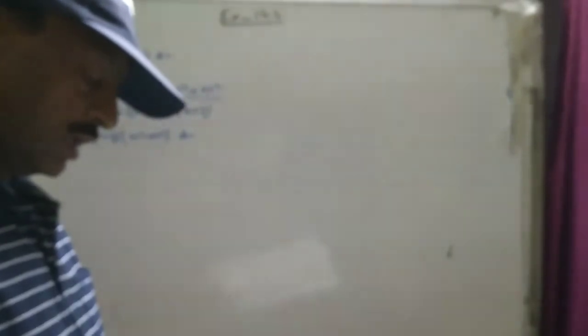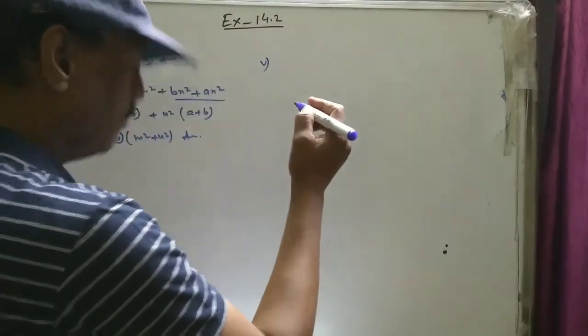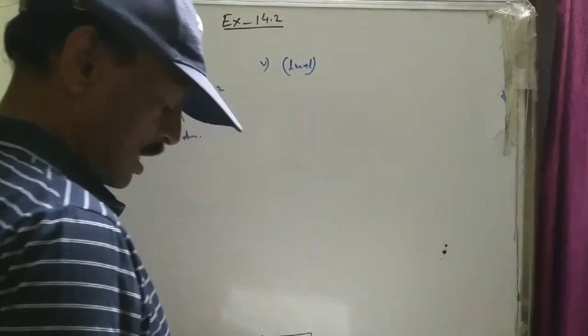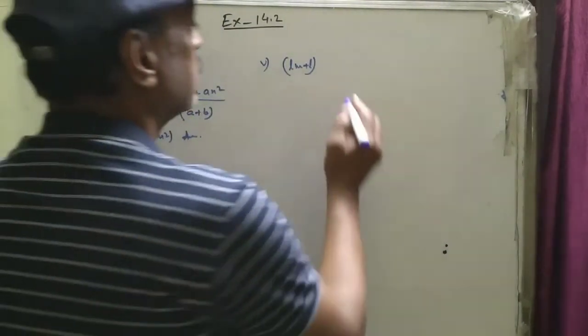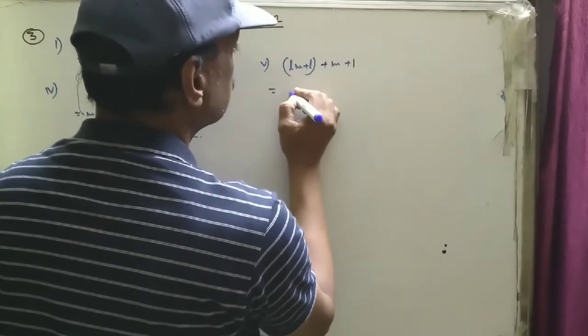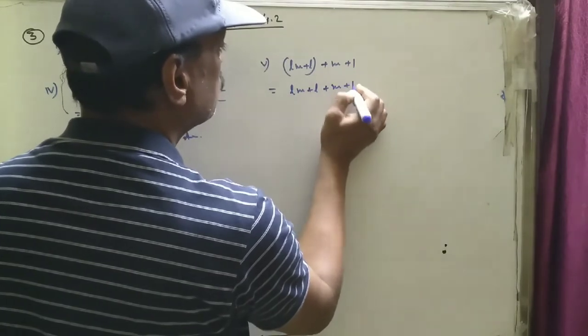Let us see next question. This is question number 5. Just look here. ln plus l plus m plus 1. So just open the bracket. ln plus l plus m plus 1.